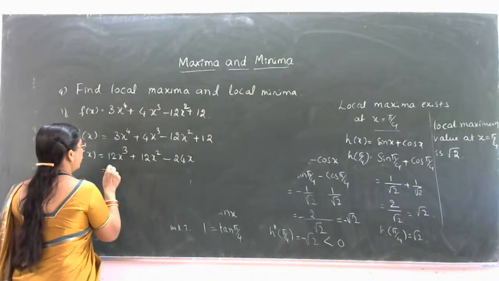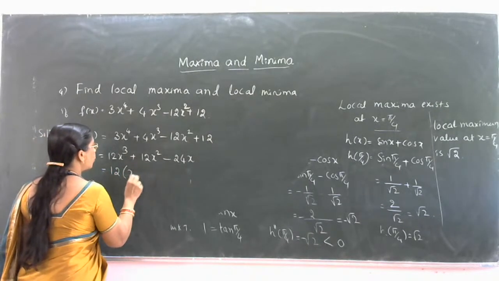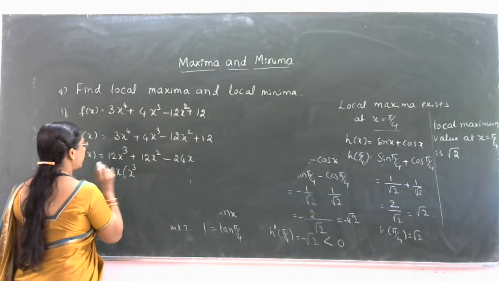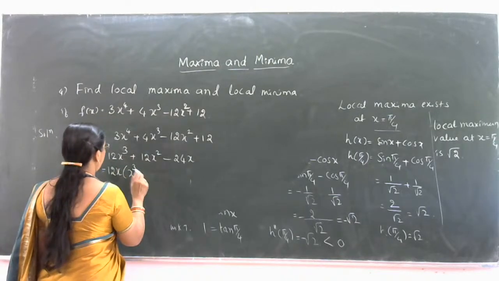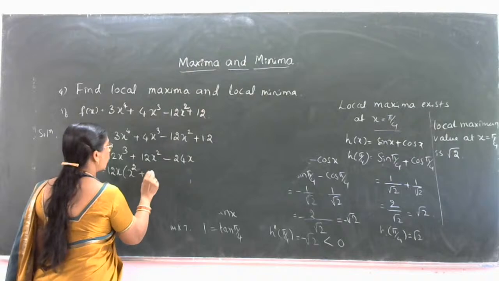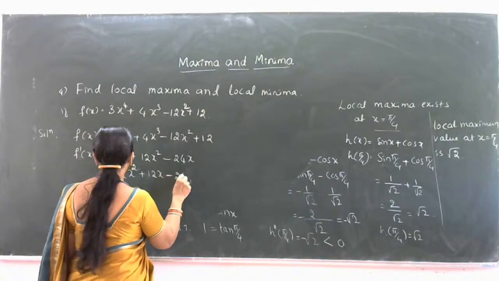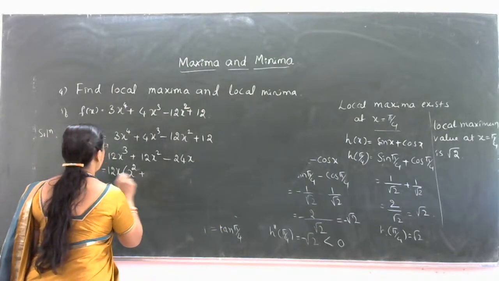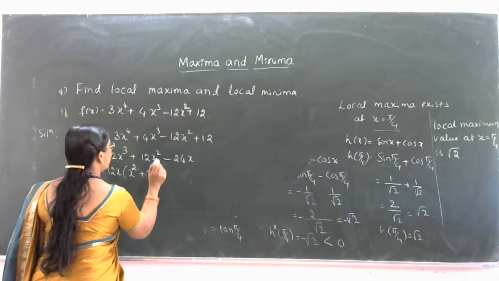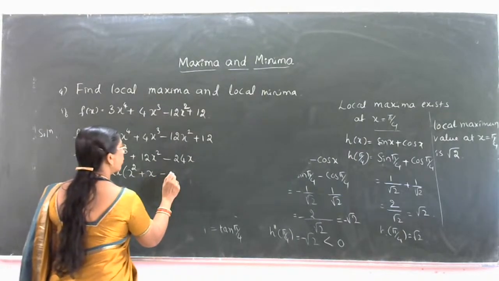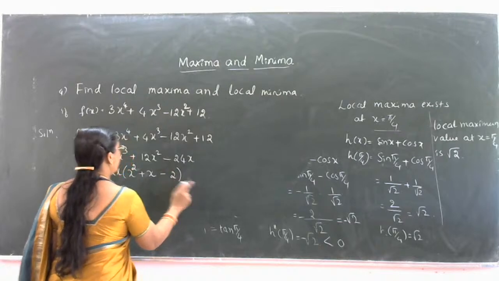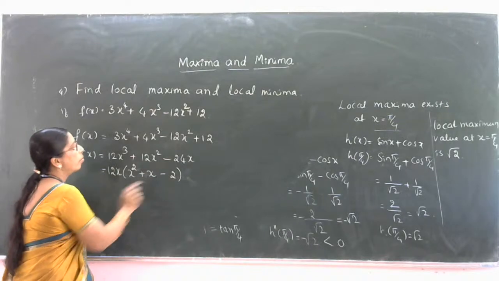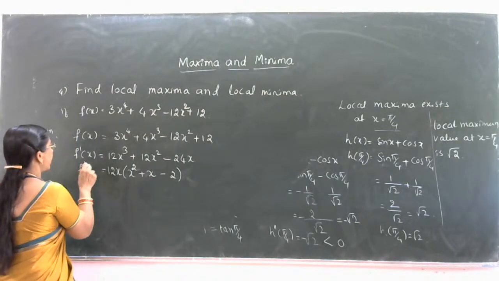Here 12 is common, and x also is common. 12x into x square plus x minus 2, taking x common. That is f dash x.